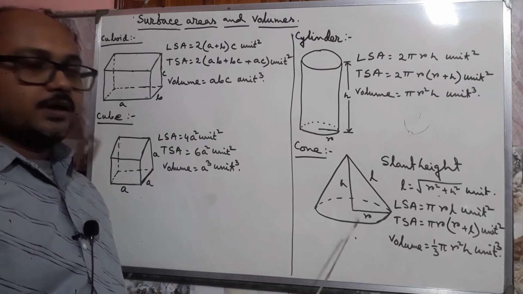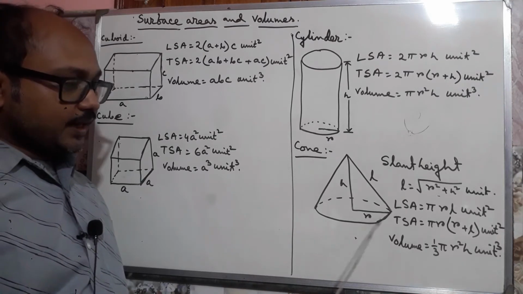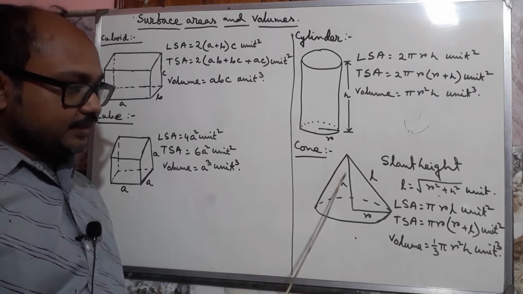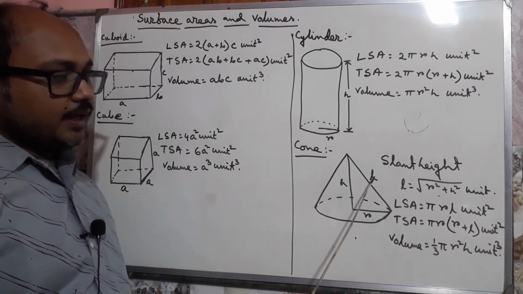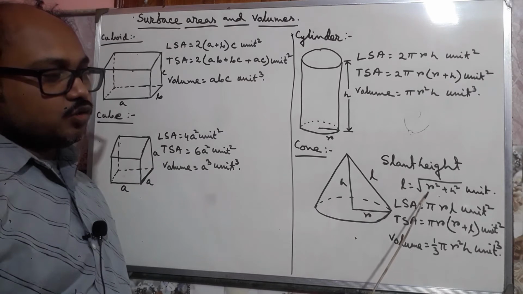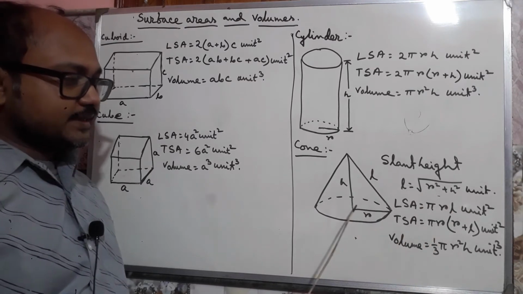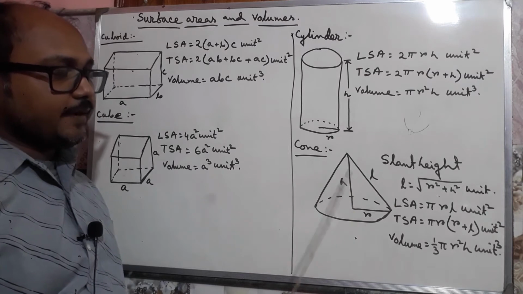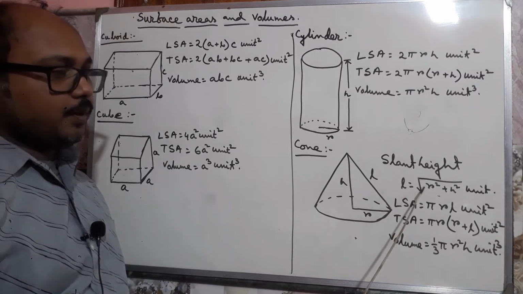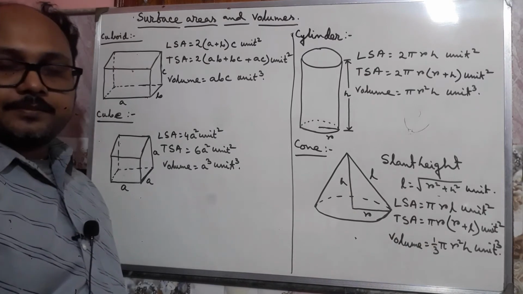Now cone. In case of a cone, if the radius is r unit and the height is h unit, then this slant height will be L, that is equal to root over of r square plus h square, as this angle is 90 degrees. So by Pythagoras theorem, for this triangle we can say L equals root over of r square plus h square unit.